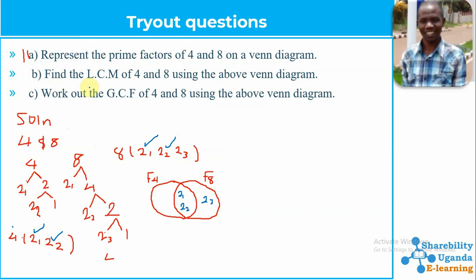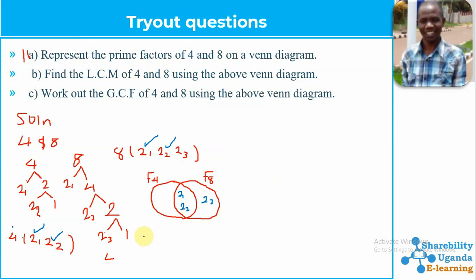Then part B, they are saying find the LCM of 4 and 8 using the above Venn diagram. Okay, so now here they want us to find the LCM of 4 and 8.